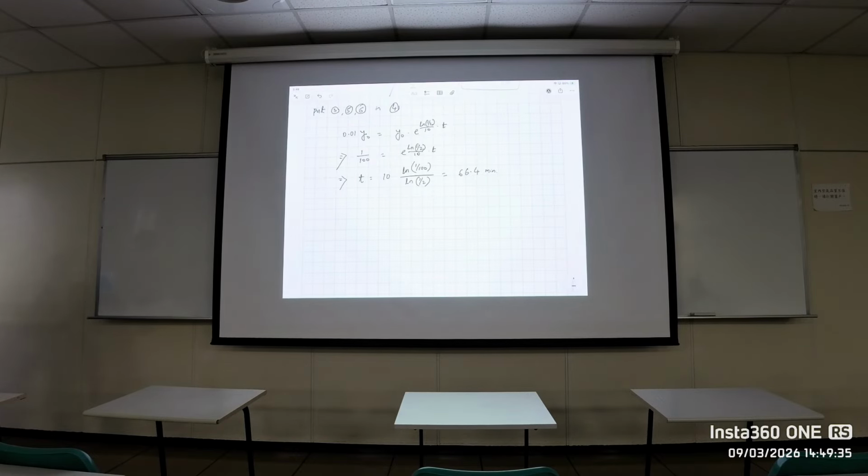If something is given, let's say it is given ln y is equal to cx, something like this given, then y is equal to e to the power cx, right?